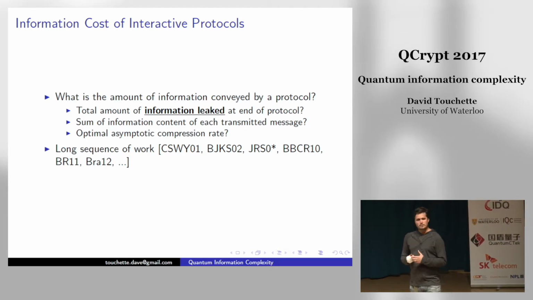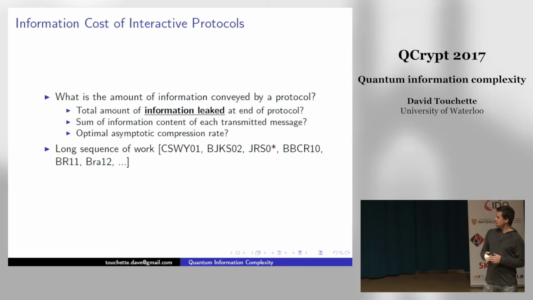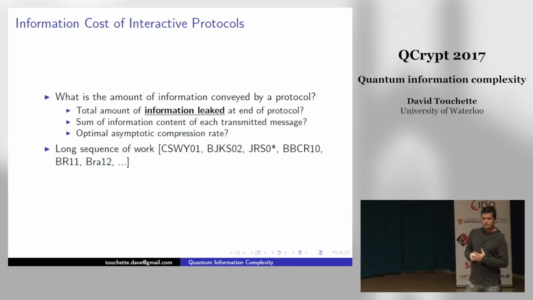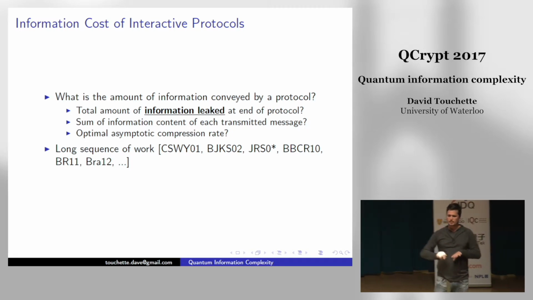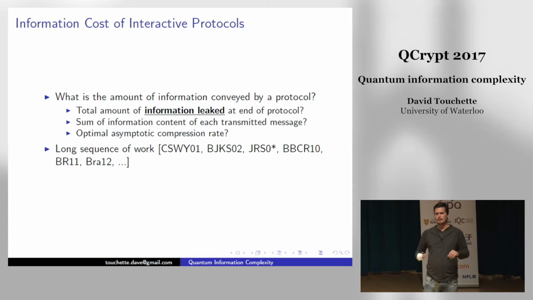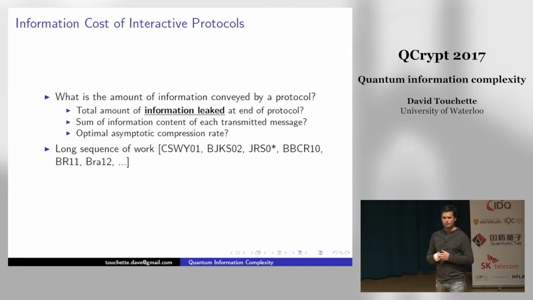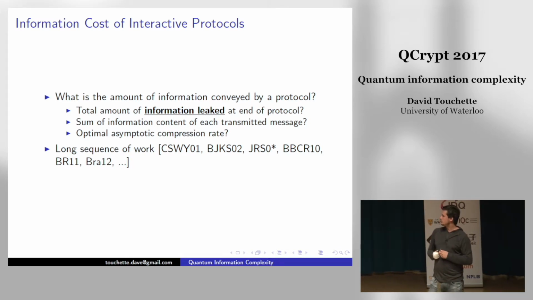Okay. There could be multiple ways to do this. So one way would be to just run the protocol and then look at the final amount of information which has been leaked about each other's input at the end of the protocol. Another approach would be to just sum the information content of each of these messages.